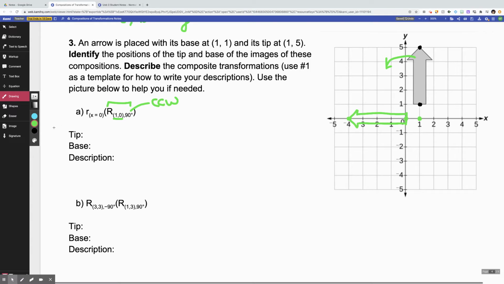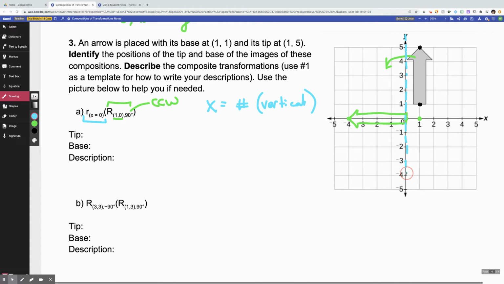And then next, second, we have to take this shape and reflect it over the line x equals 0. Remember, whenever you see x equals a number, that is a vertical line. Okay, and x equals 0 is the same as the y-axis. So that's this line right here.